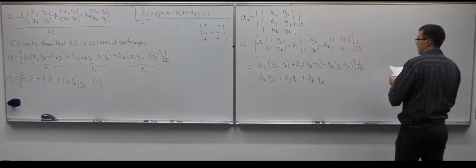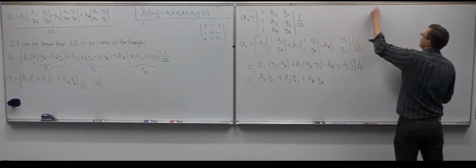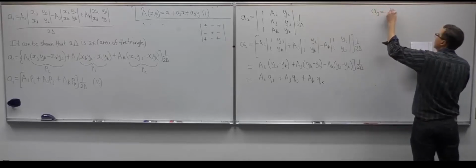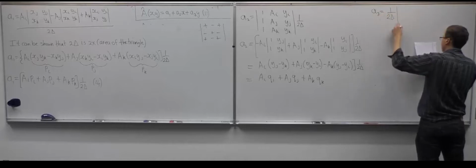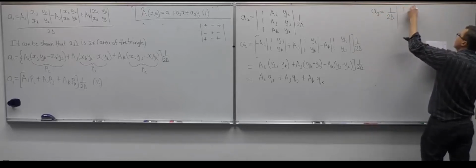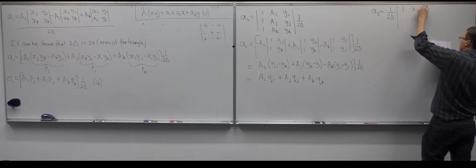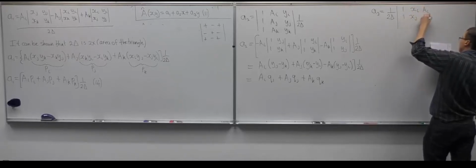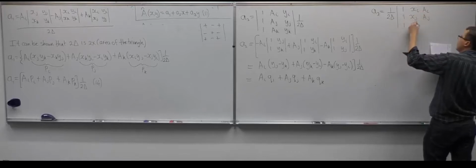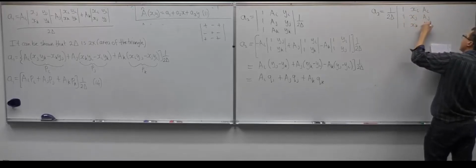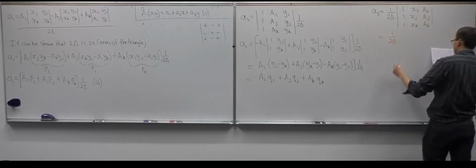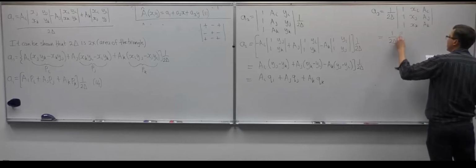And then lastly, A3 can be evaluated. That's 1 over 2 delta, and we have to evaluate the determinant 1 x_i a_i, 1 x_j a_j, 1 x_k a_k.